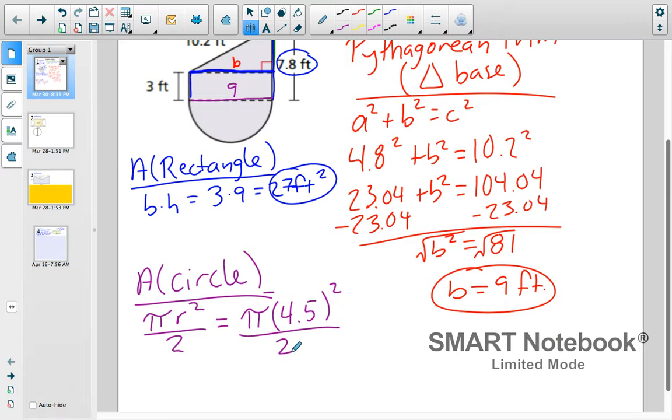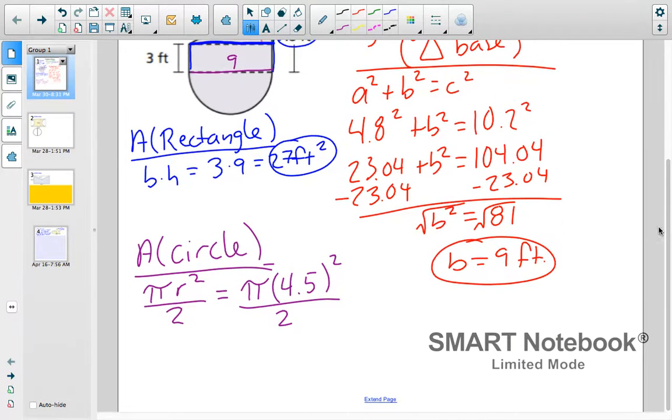So take 4.5 squared. That's 20.25. And we still have pi and divide it by 2. Now, I want to make this into an actual number. There's 2 ways you can go about doing this. You can take 20.25, multiply it by pi, hit equals, and then divide it by 2. Or you could take 20.25 divided by 2, and then multiply that by pi.